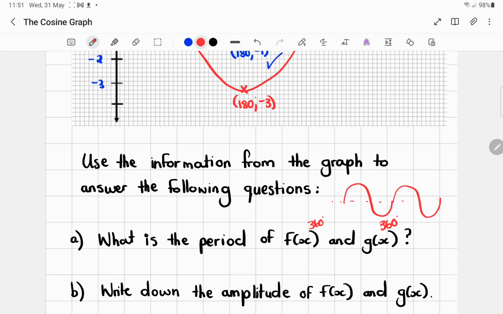Okay, sorry, what I've drawn there was the sine graph, so the cos graph. So there's one full wave, and then it goes again. So that up to there will be 360 degrees. Okay, so just note that for the sine and the cosine, it's always 360 degrees.